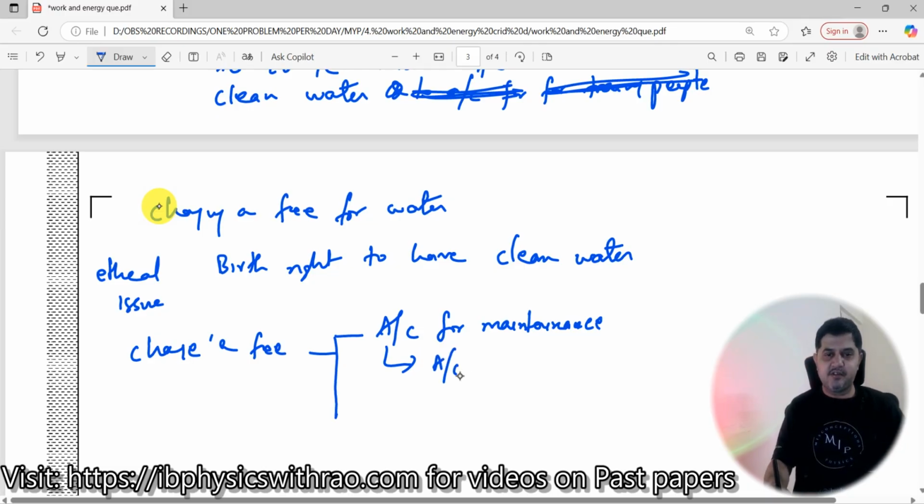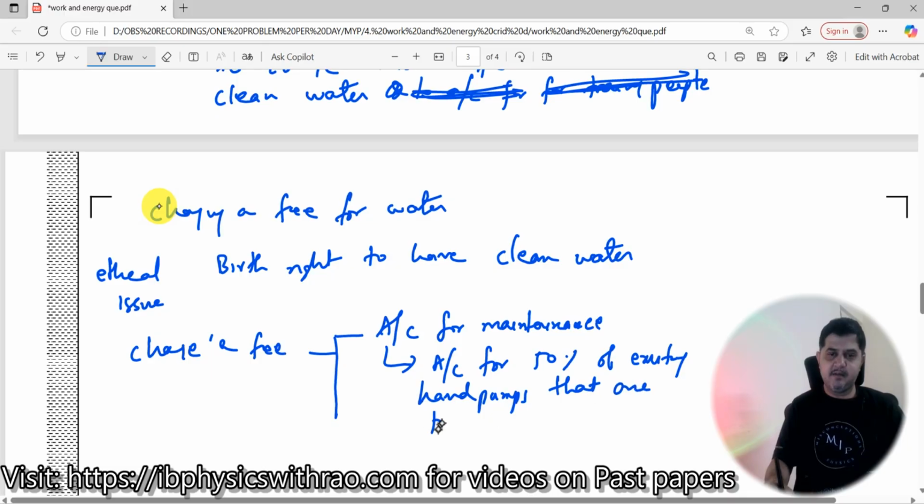It accounts for 50% of existing hand pumps that are broken at any time. This is the real reason, right? Otherwise, why do I want to charge?